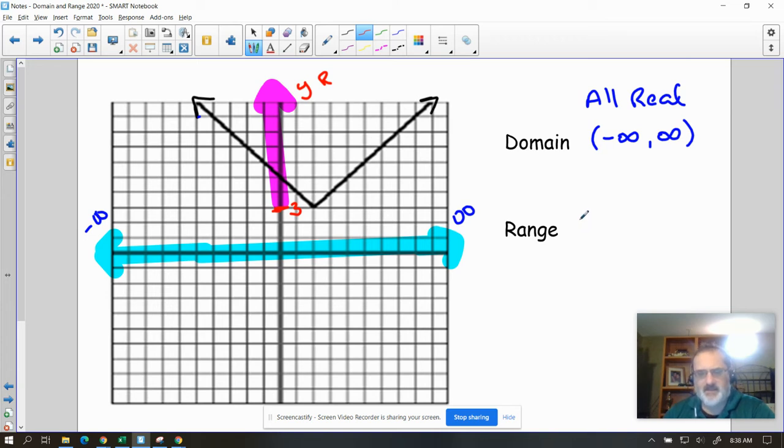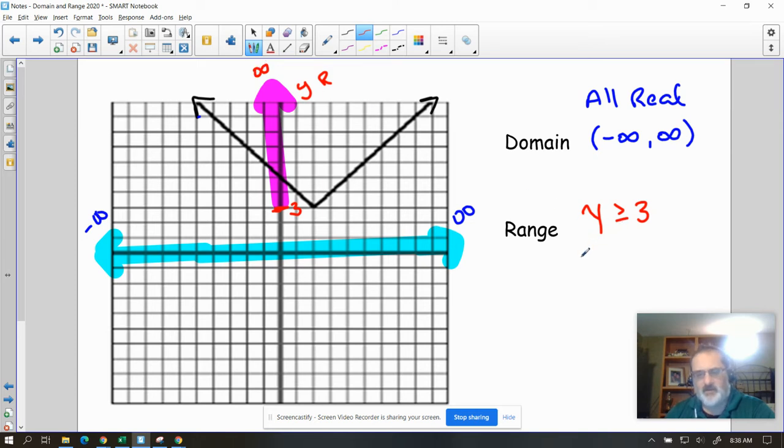I'm going to say that my range is y is greater than or equal to 3 on the y-axis. But I want to use interval notation here. So I'm going to say my endpoints. This is 3 and this is infinity.